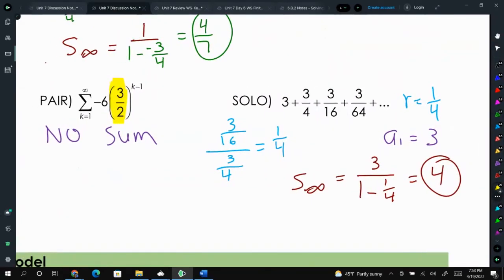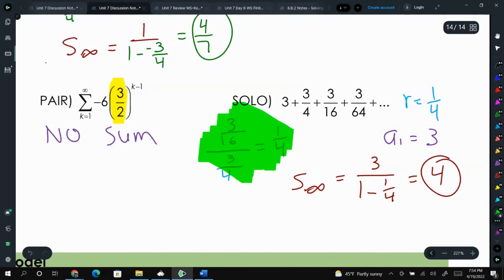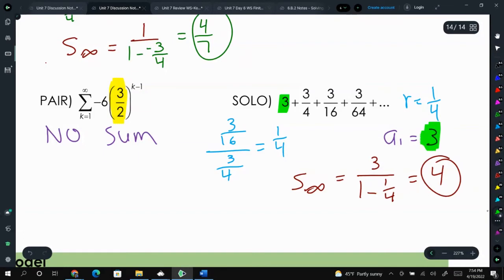And then for the last one, you may have needed to figure out the R value with this work right here to get 1/4. And then your first value is 3 this time, not 1 like in the other problems. So when you plug it into the formula, you get 4.